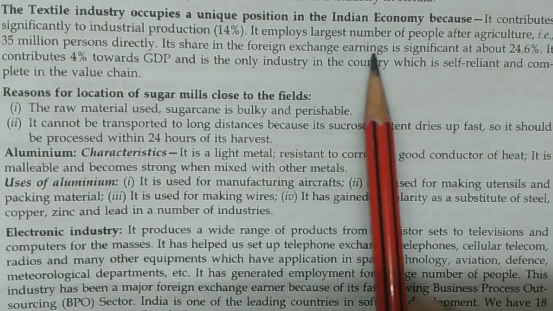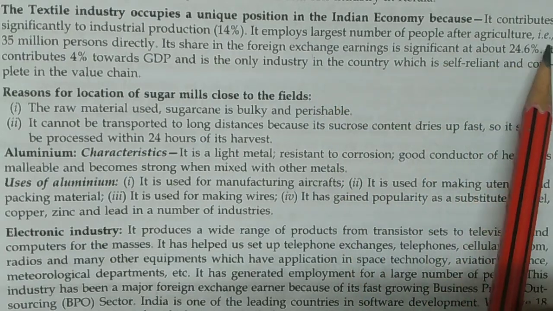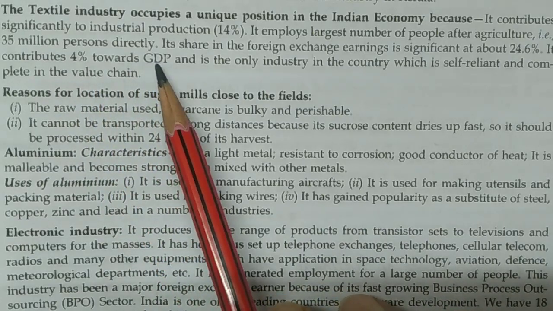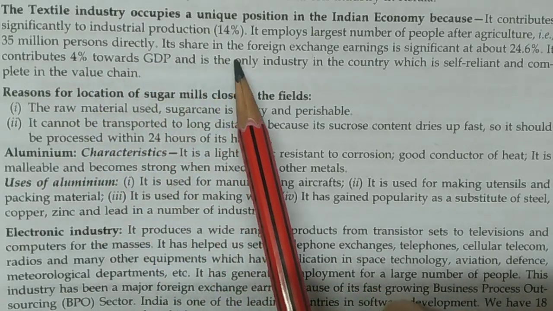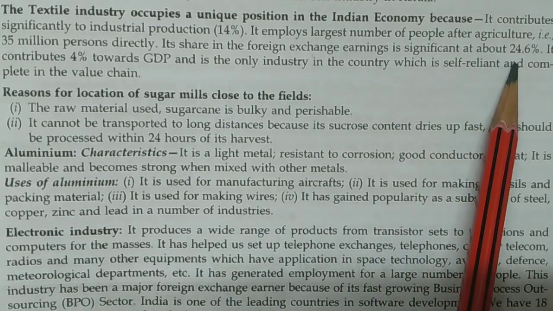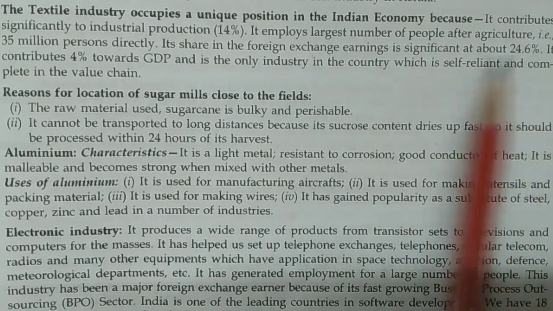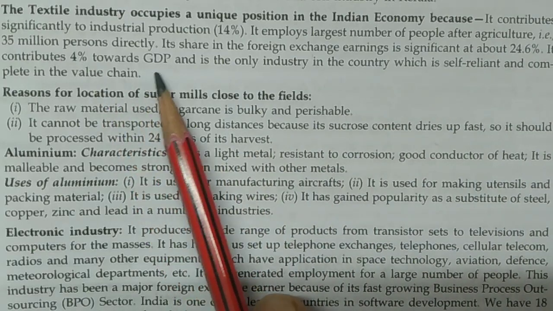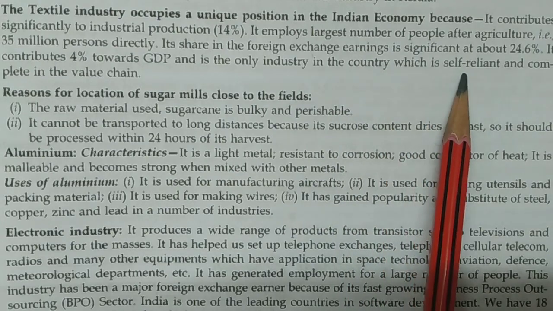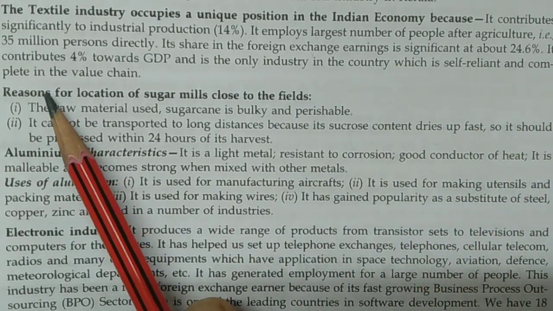It employs the largest number of people after agriculture, for example, 35 million persons directly. Its share in foreign exchange earnings is significant at about 24.6%. It contributes 4% towards GDP and is the only industry in the country which is self-reliant and complete in the value chain.